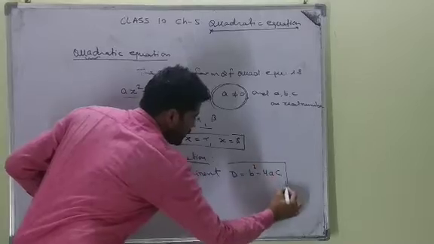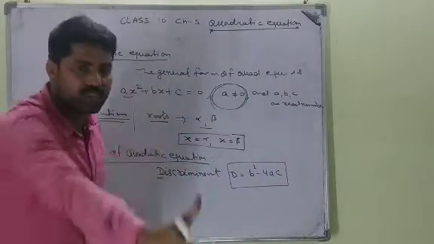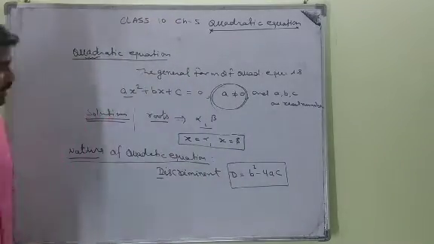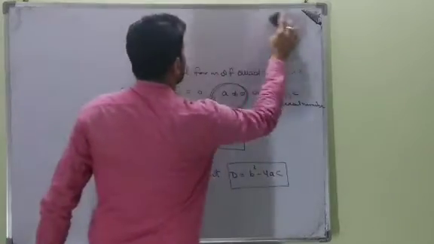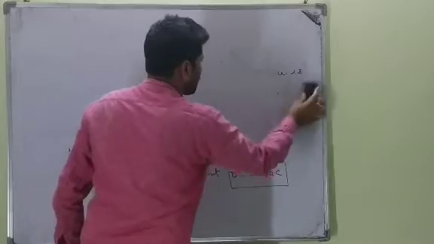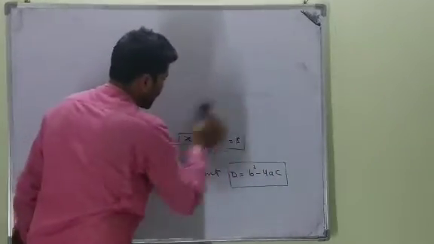This is the discriminant. It tells us the nature of the quadratic equation. Clear? Directly we use D, we use b square minus 4ac. Not a problem. So the nature of the given quadratic equation can be mentioned using D.